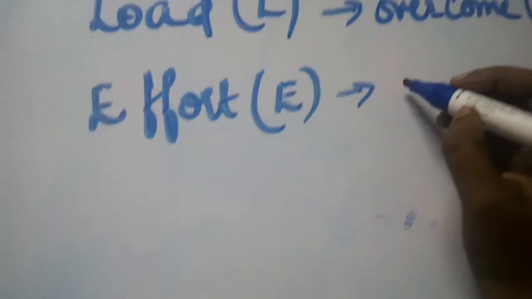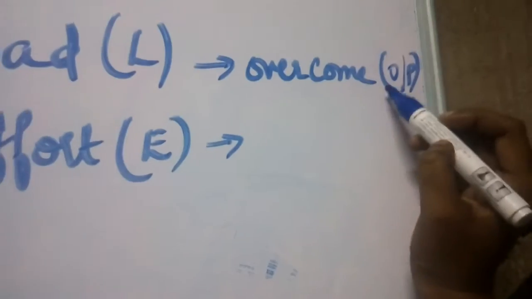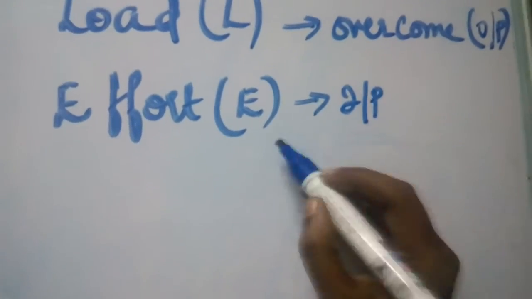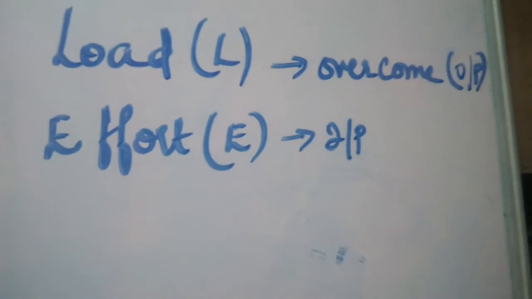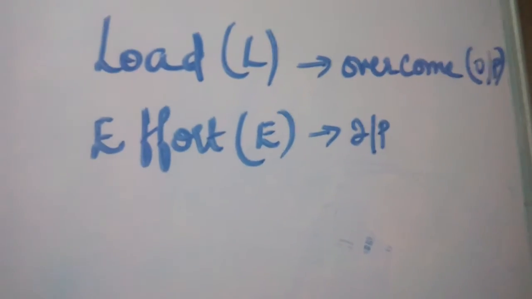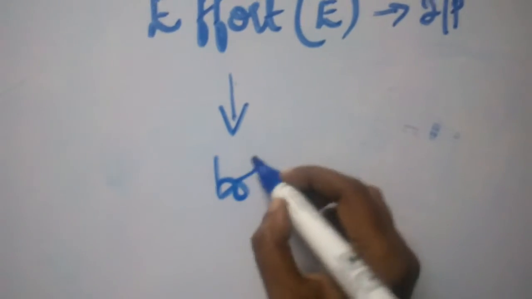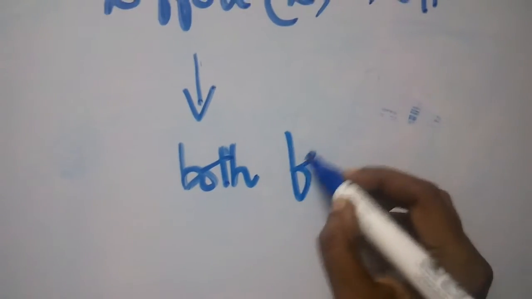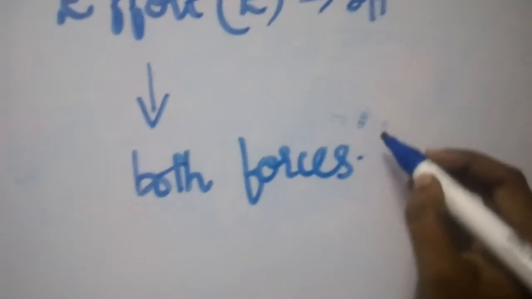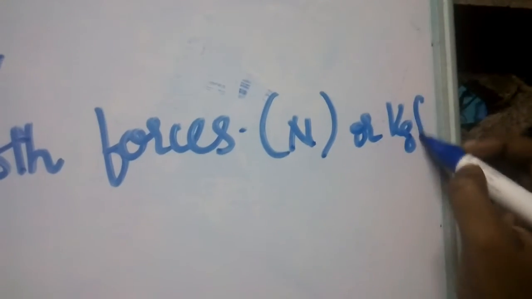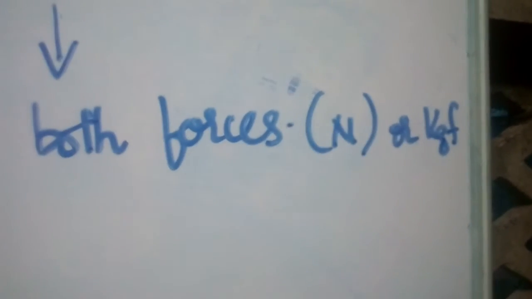It is a kind of output force, and the effort is the force which we are giving to something with the help of a machine. So that is an input force, and both are a kind of force. So it is expressed in Newton or in kilogram force.